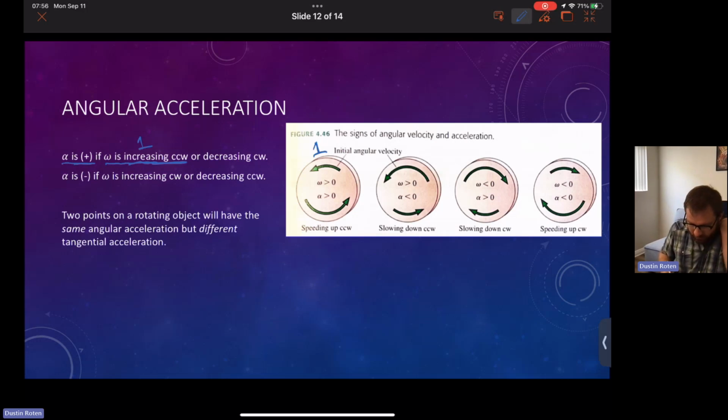Another one could be if omega is decreasing clockwise, so slowing down clockwise. So here's two. In both of these situations we have rotation counterclockwise and clockwise, but even though we have rotation in both directions, alpha, our angular acceleration, is still positive.